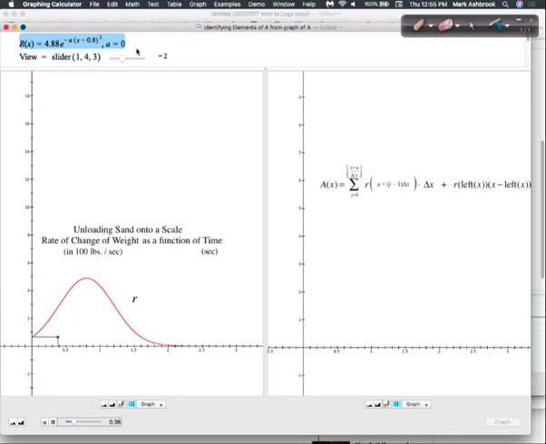Is the rate ever decreasing? I'm sorry. Yeah, is the weight ever decreasing? This is going up slowly, going up fastest, and then is the weight going up or going down here? The weight. This is the rate of change of weight, right? Still going up, just slower, right? So the weight is always going up.